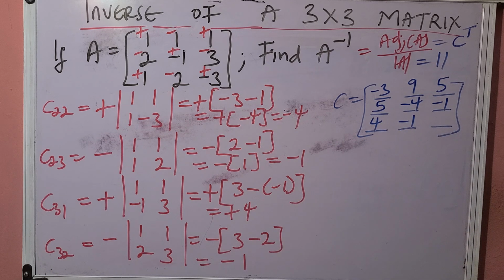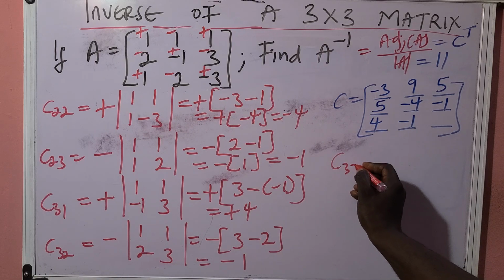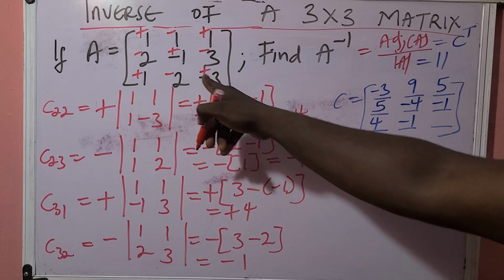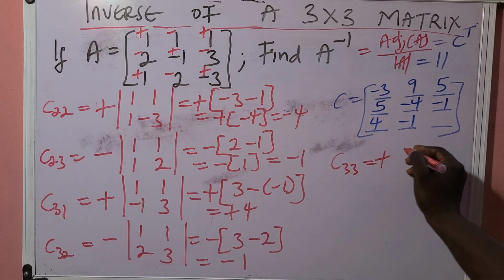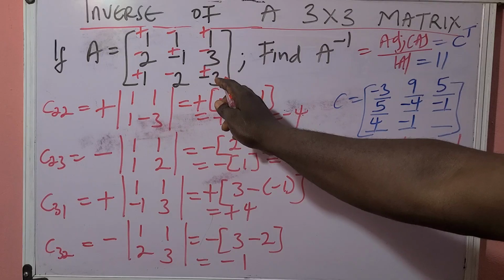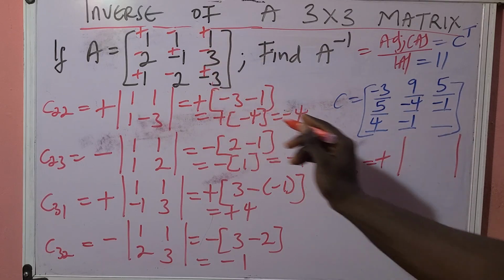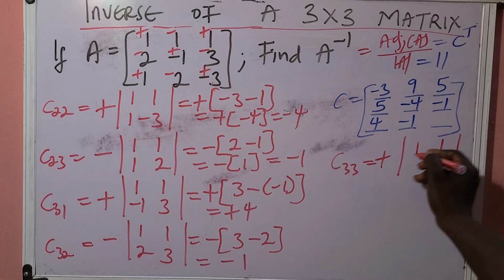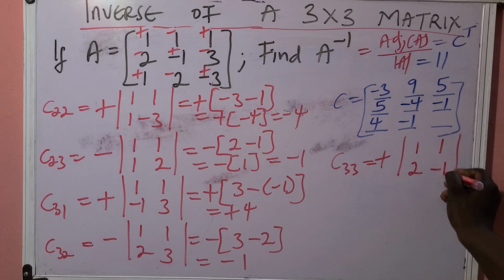Let's go on to do the last value here. That will be C33. We have a plus sign there. Then we'll bring out our determinant braces. We're locking out row 3, column 3. So we're left with 1, 1, 2, minus 1.